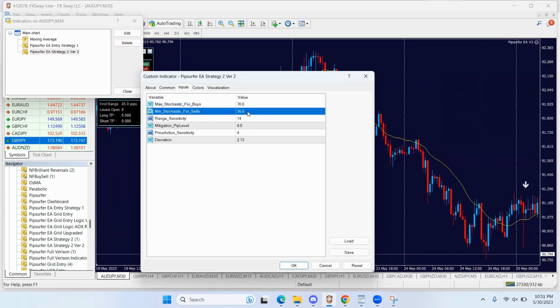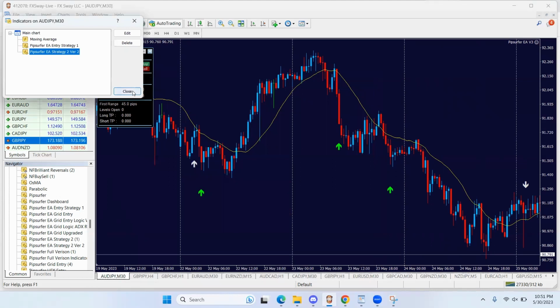I believe strategy 2 is 35, 65, and 16, and this one would be 5 and 3. No, this one's still at 4. Now I've matched it up to what you would see.